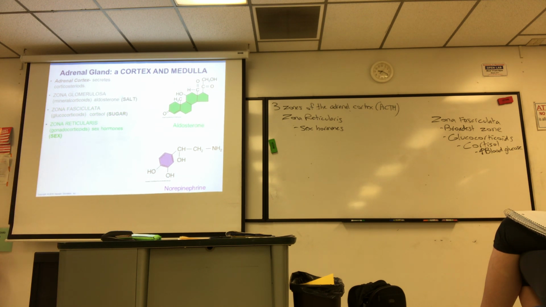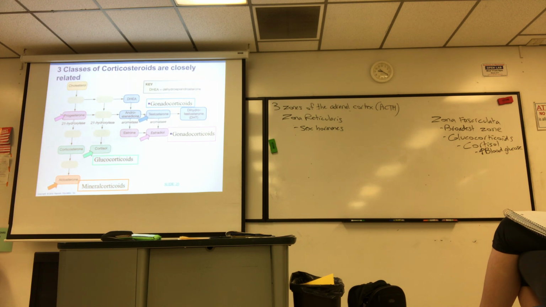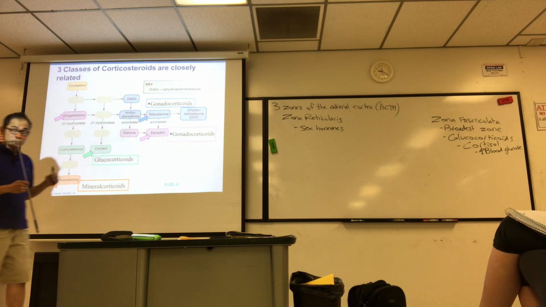The Zona Reticularis is sex hormones. The adrenal medulla, that's your epi and norepi, and there's the molecular structure of norepinephrine. To go back to corticosteroids, I included this slide to impress upon students: all corticosteroids are derived from cholesterol. They're all closely related.